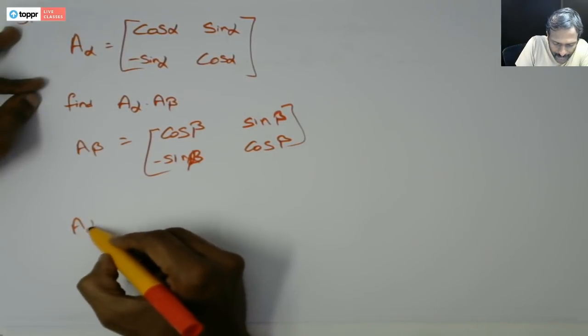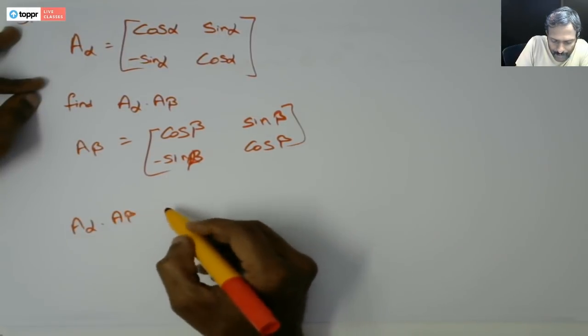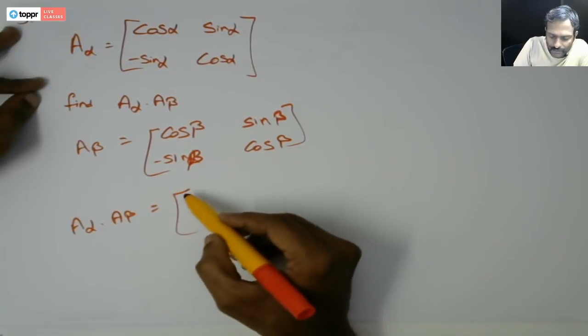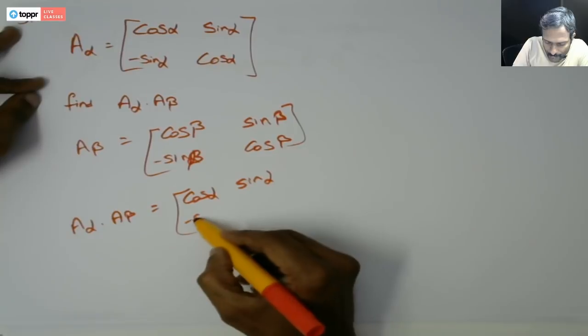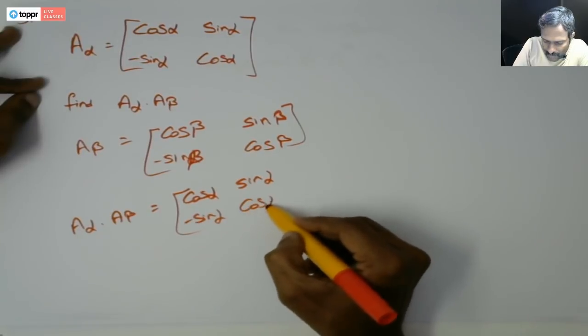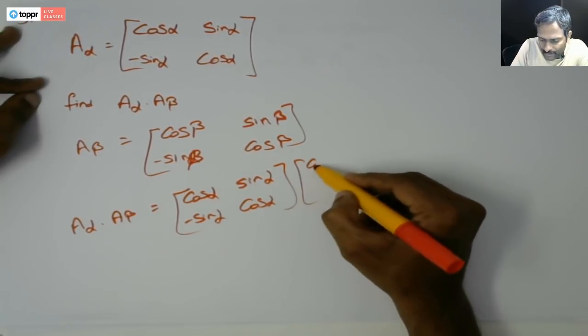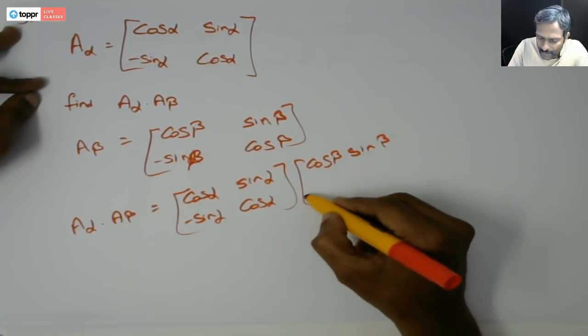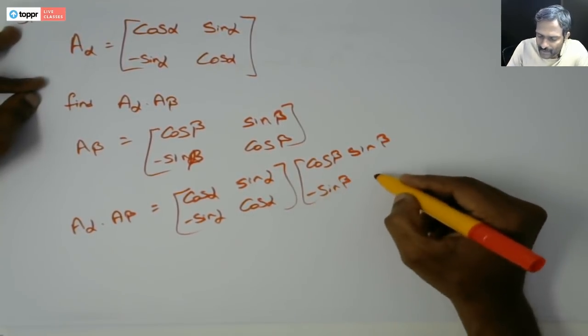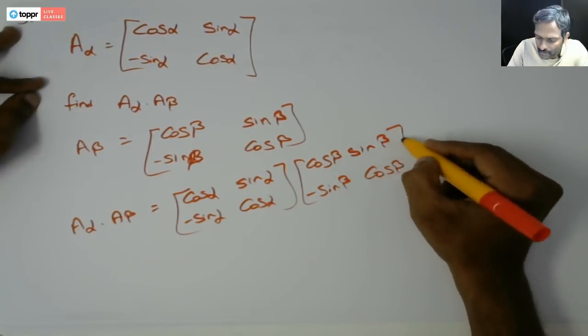Now I'm trying to find A alpha times A beta, which is cos alpha, sin alpha, minus sin alpha, cos alpha times cos beta, sin beta, minus sin beta, cos beta.